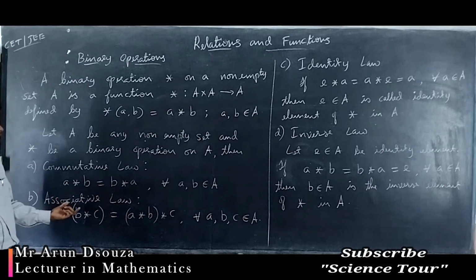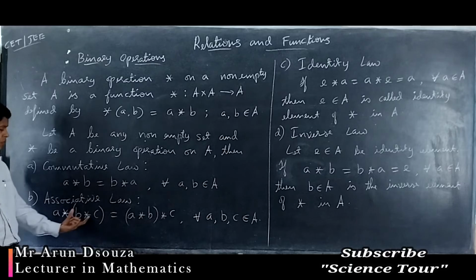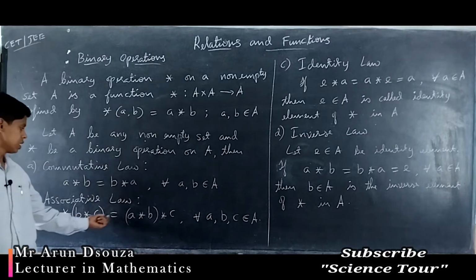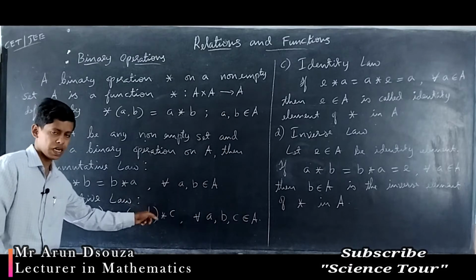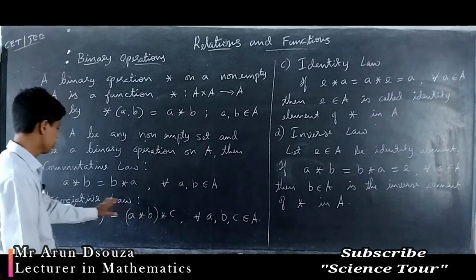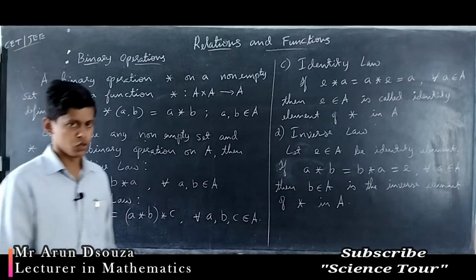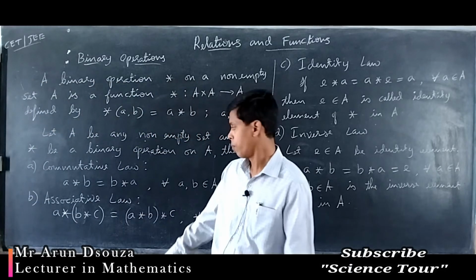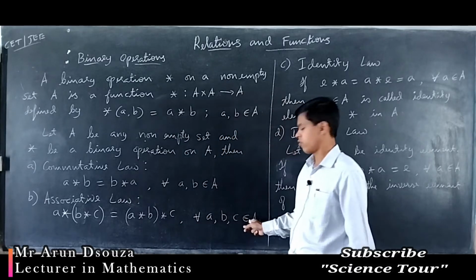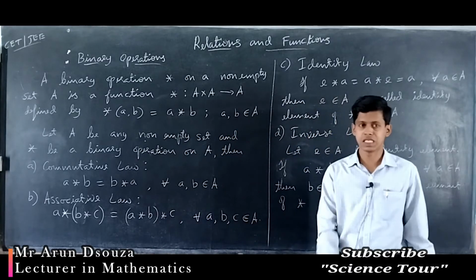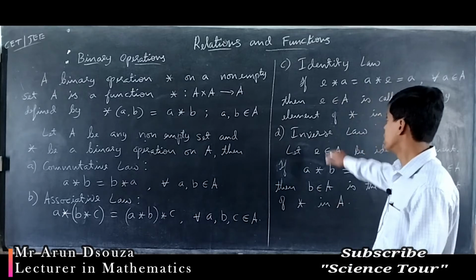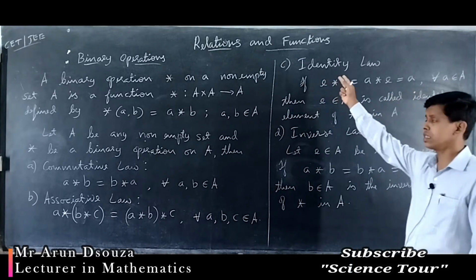Next, the associative law: a star (b star c) is equal to (a star b) star c. So both must be equal, then it is called the associative property, associative law. And all these a, b, c are selected from the non-empty set A. Next, what is an identity element?